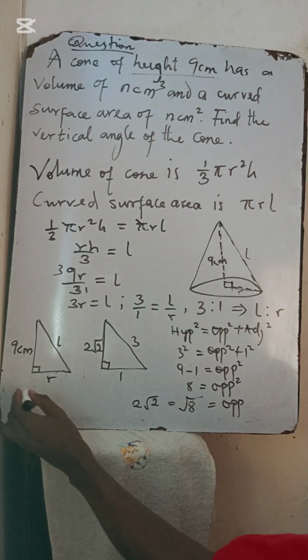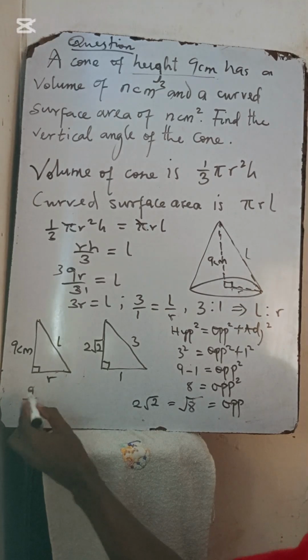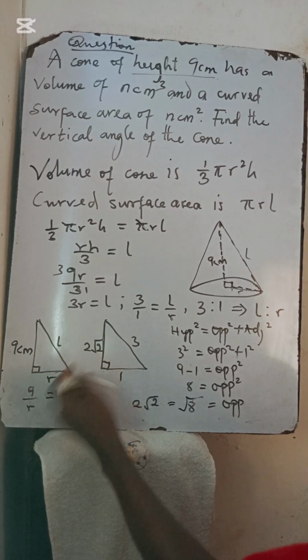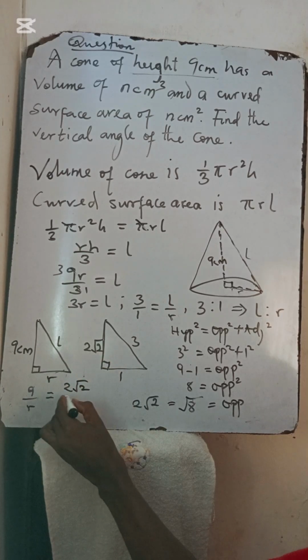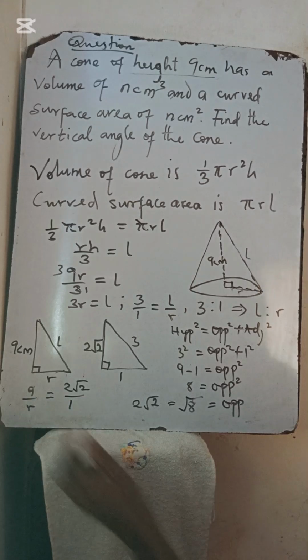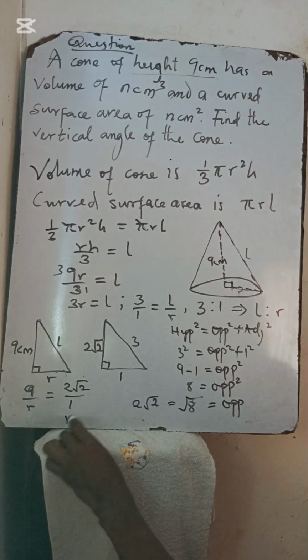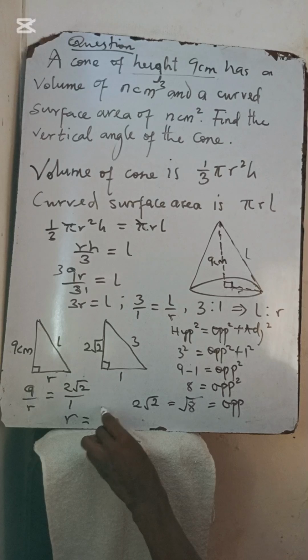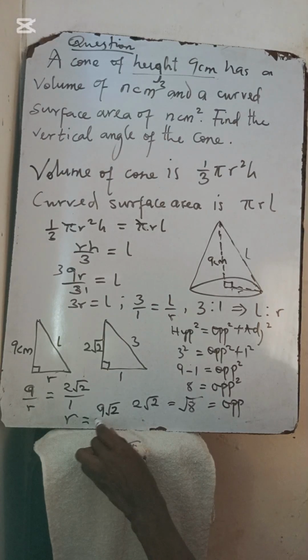So to have the radius now, we can use the ratio 9 over r is equal to this side as well, 2 root 2 over 1. Then crossing multiply, r will be equal to 9 root 2 over 4.